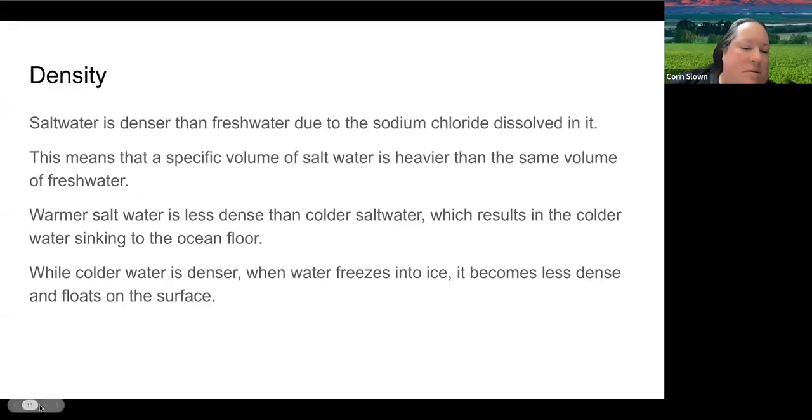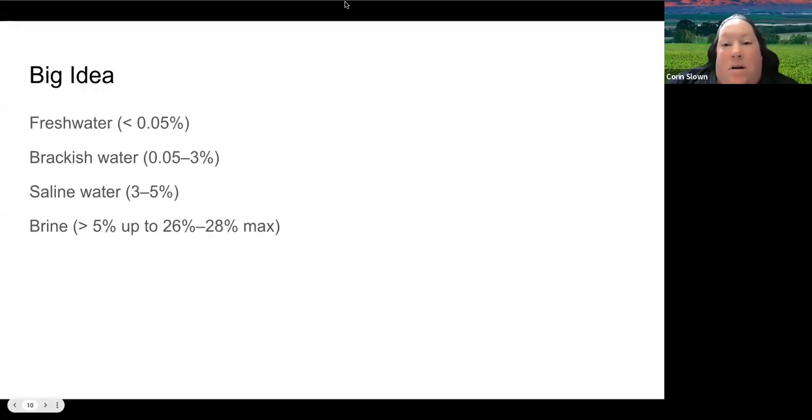All right, 0.05%. Well, let's think about that. How do I get 0.05%?